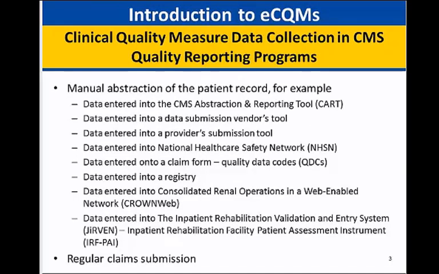So, prior to the introduction of electronic clinical quality measures, data collection for most measures was either via chart abstraction and submitted by manual entry through one of a variety of methods or portals, or claims. And here's just a listing of some of the different networks and ways that you've been submitting measure information over the years.